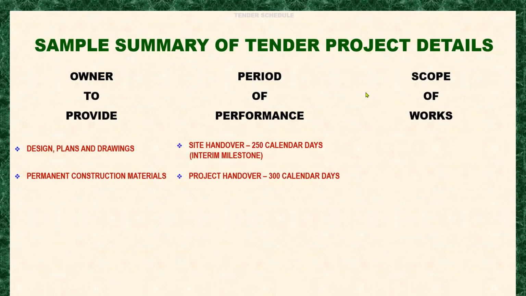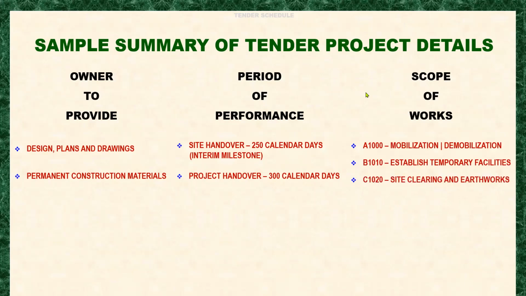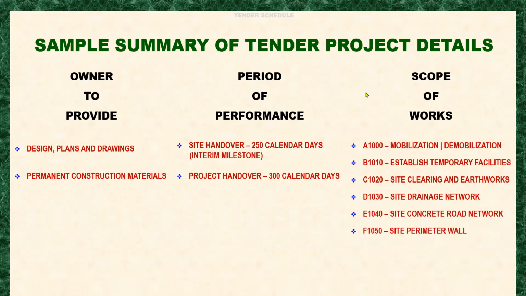Now we have here the scope of works, which includes mobilization, demobilization, establish temporary facilities, site clearing and earthworks, site drainage network, site concrete road network, site perimeter wall, guardhouse and gates, and site cleaning.